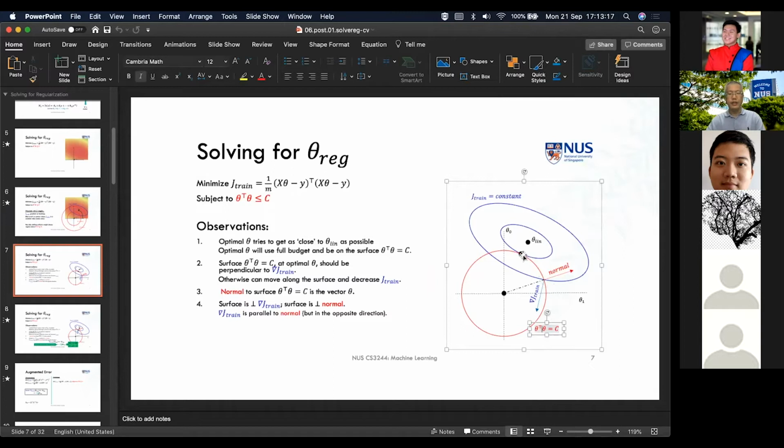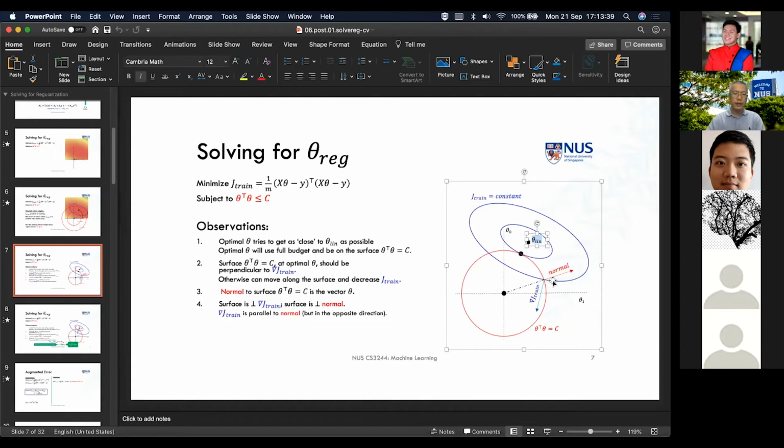If that circle does not actually hit our normal linear regression solution, I'm going to try to find the one that gets the minimal solution. So it's going to be somehow tangent to the solution. Basically, what I want is to find this point here.